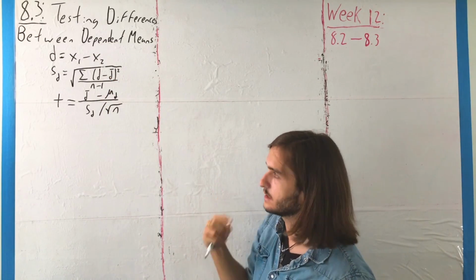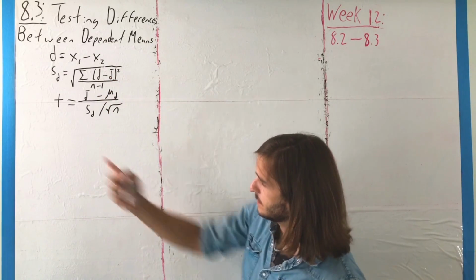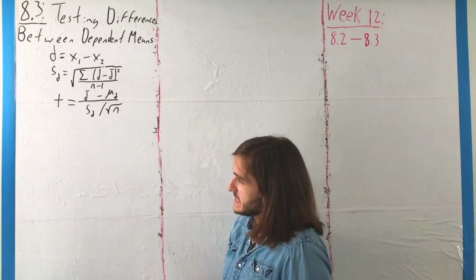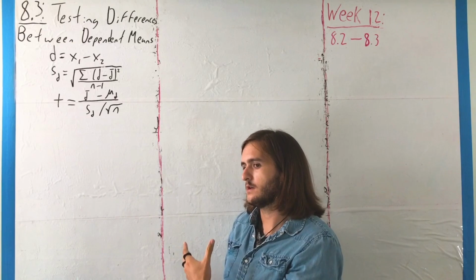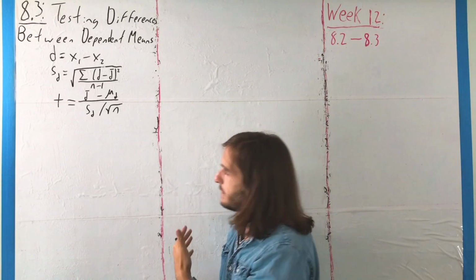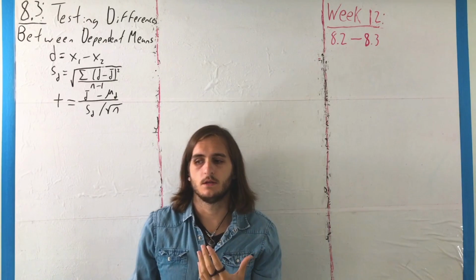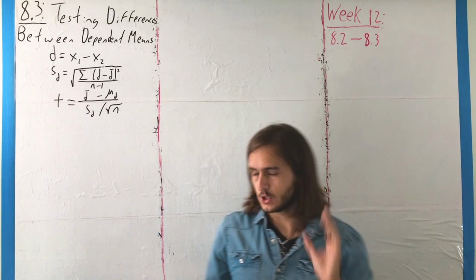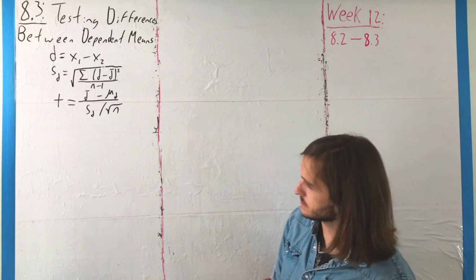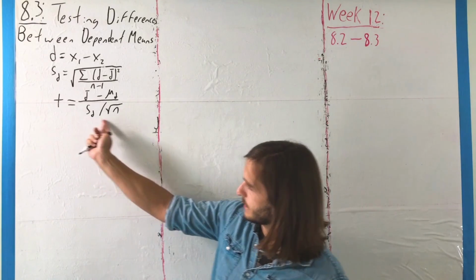I'll talk about that in a second. It should look very familiar, though. And our t-score is looking at that d bar, the mean of the sample of differences, minus mu d, the supposed population average difference, which often we're going to assume is 0 for obvious reasons, divided by a standard error term, s over root n.